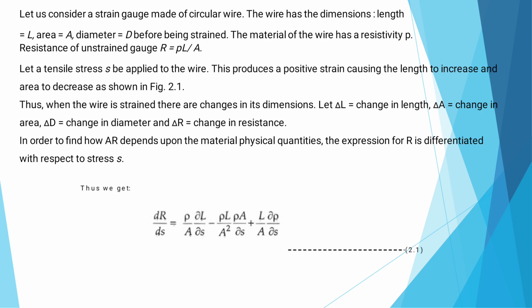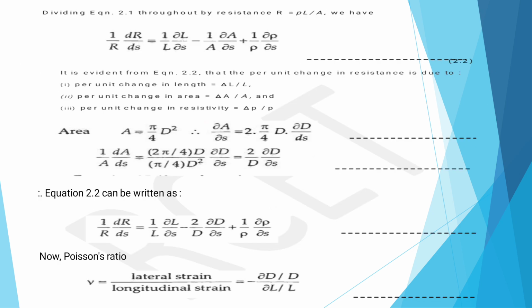This gives us our baseline unstrained resistance equation, R is equal to rho L by A. When we apply a tensile stress S, it induces a positive strain, elongating the length by del L and narrowing the area by del A. Alongside, small shifts in the diameter will be indicated as del D and the change in resistance will be indicated as del R. To mathematically map how the change in resistance relies on these physical variables, we differentiate our resistance equation with respect to the applied stress S.